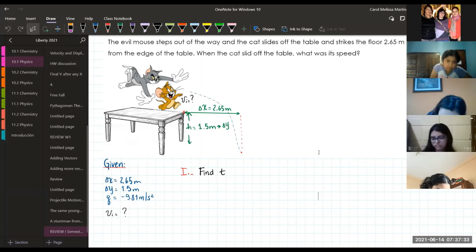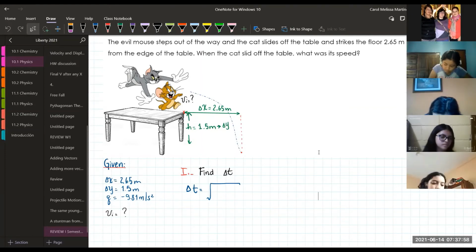T or delta T? You're more familiar with delta T because of myself. Okay, I'm guilty. So the formula for delta T for this kind of problem is delta T is equal to the square root of, remember this delta T formula comes from free fall, okay?